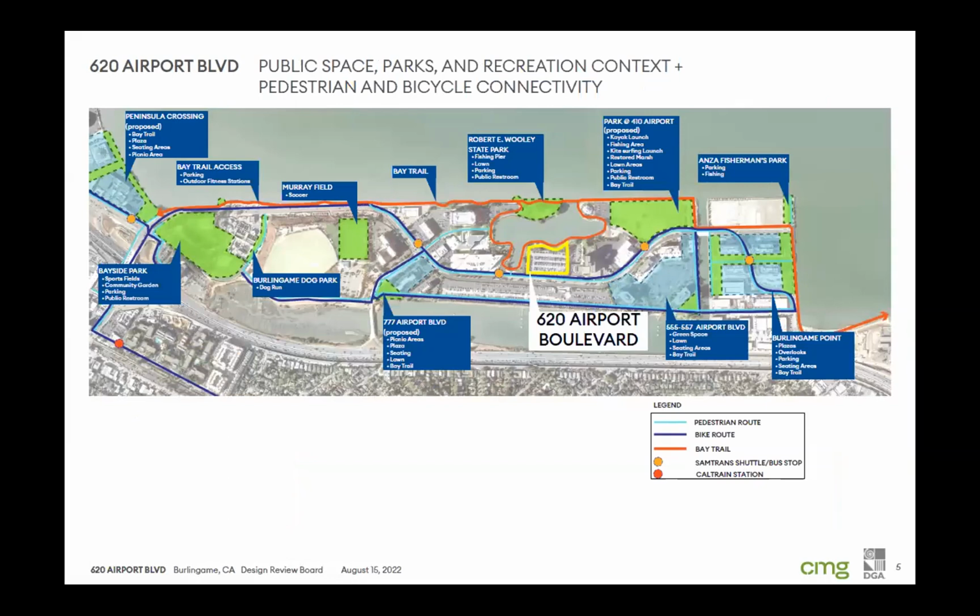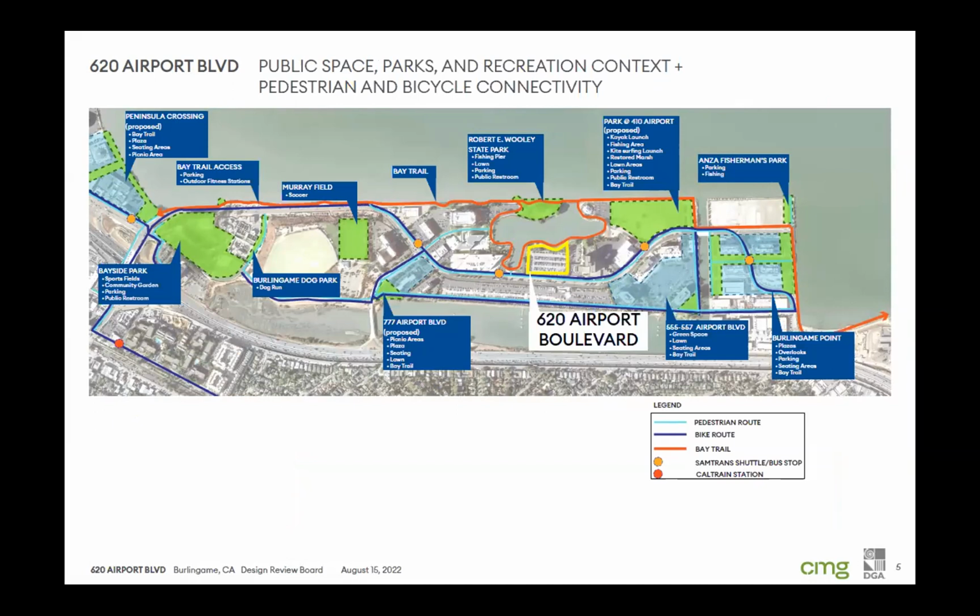And again, we're excited about being part of the rapid change in this area. I think it can be for the better. And we put together this diagram to show that we've considered the context of development and existing recreational assets within the area.